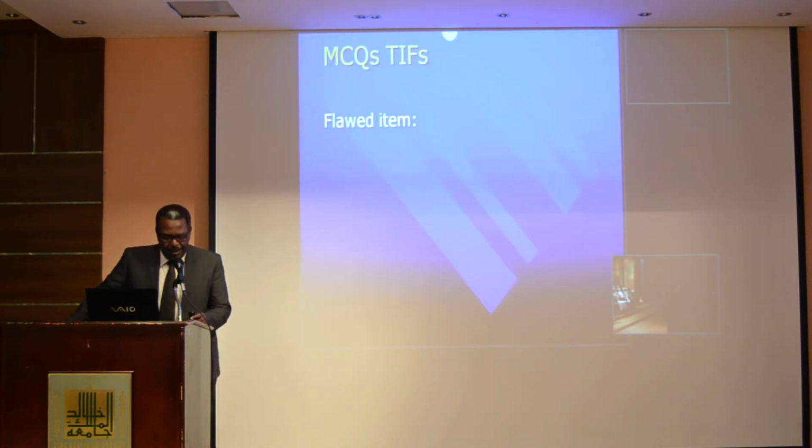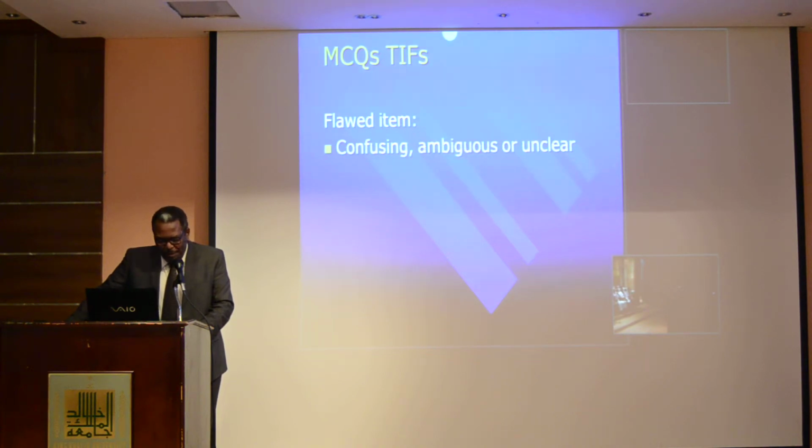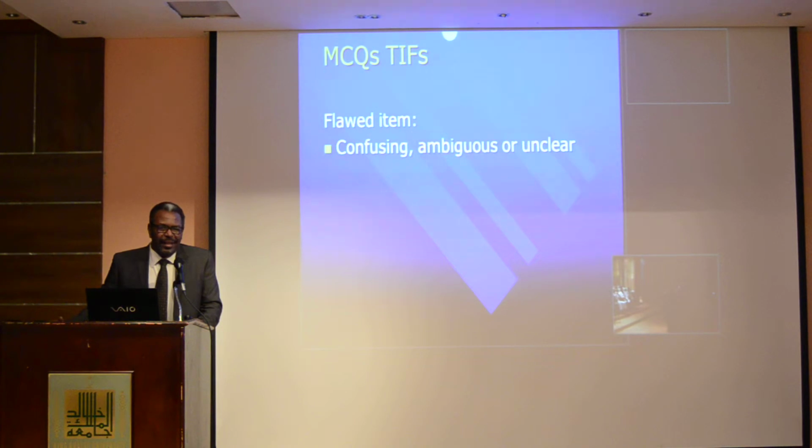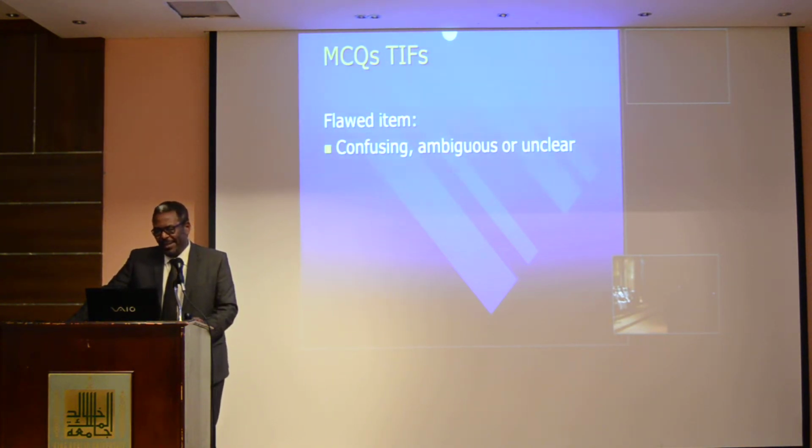Let us now focus on item flaws. What do we mean by item flaws? You all know. The flawed items are confusing or contain ambiguous material, or are complicated and not clear.